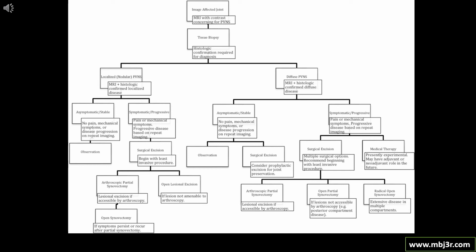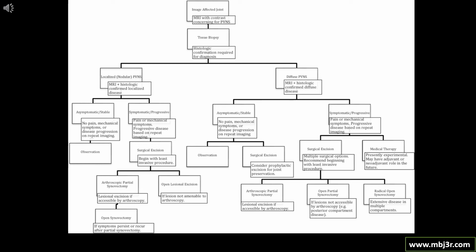If the patient is symptomatic, with pain or progressive disease on repeat imaging, then you have to do surgical excision. You begin with the least invasive procedures like arthroscopic partial synovectomy, or lesion excision if accessible by arthroscopy. If symptoms persist or recur after partial synovectomy, then you have to do an open synovectomy, or open lesion excision if it is not amenable to arthroscopy.